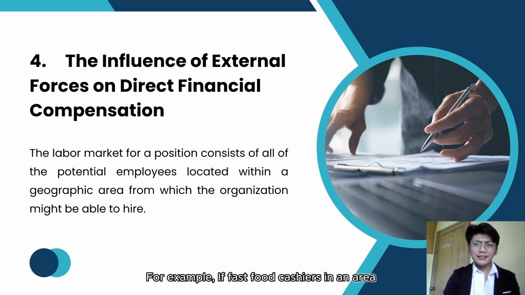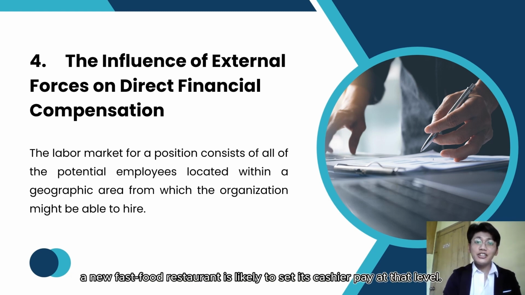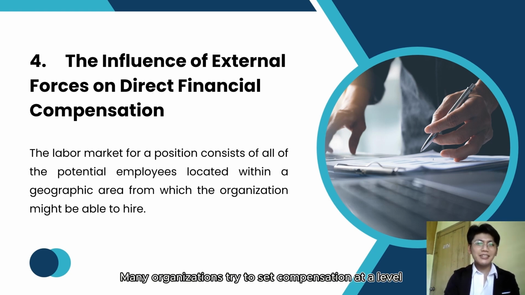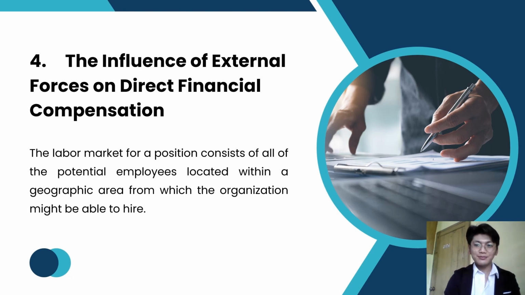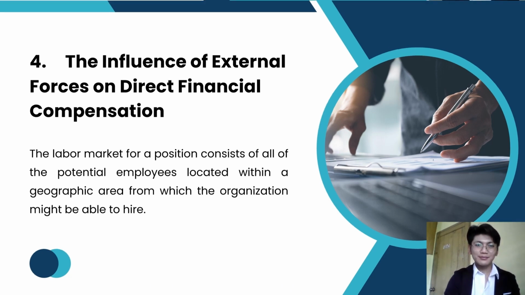For example, if fast food cashiers in an area tend to be paid about $8 per hour, a new fast food restaurant is likely to set its cashier pay at that level. So many organizations try to set compensation at a level consistent with the prevailing rate in the relevant labor market.